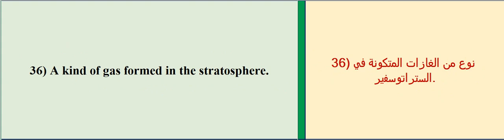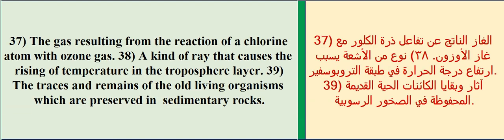A kind of gas formed in the stratosphere. 37. The gas resulting from the reaction of a chlorine atom with ozone gas. 38. A kind of ray that causes the rising of temperature in the troposphere layer.